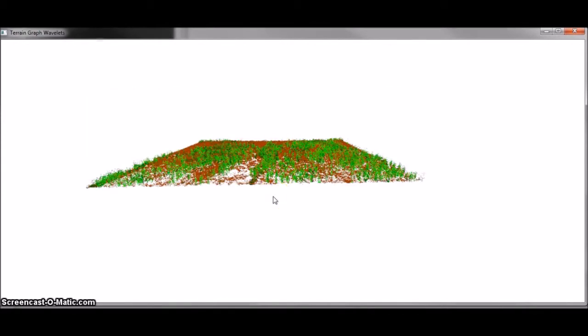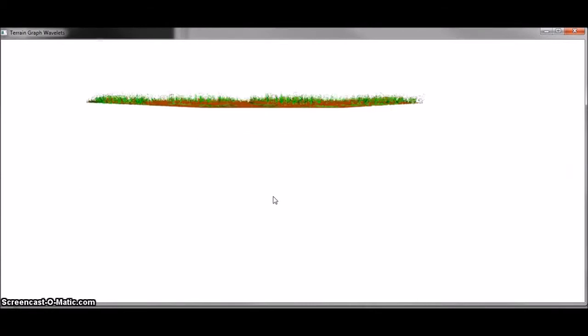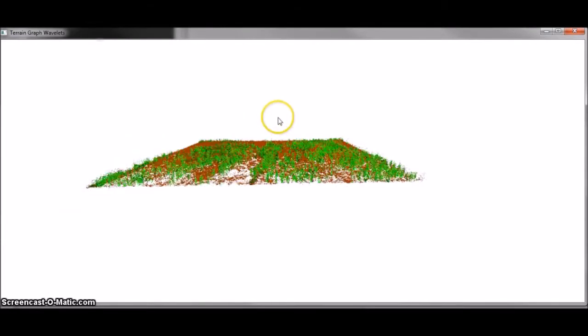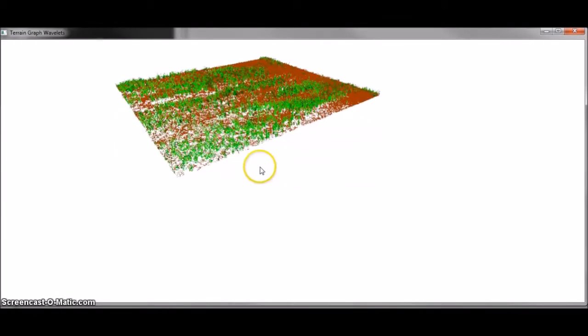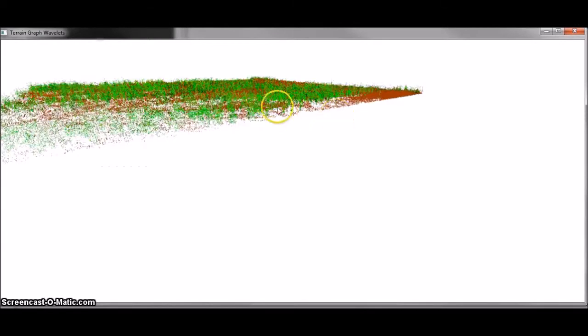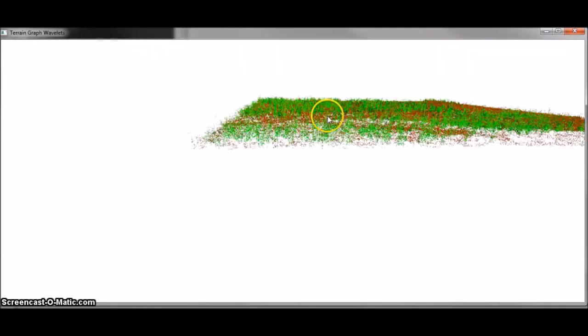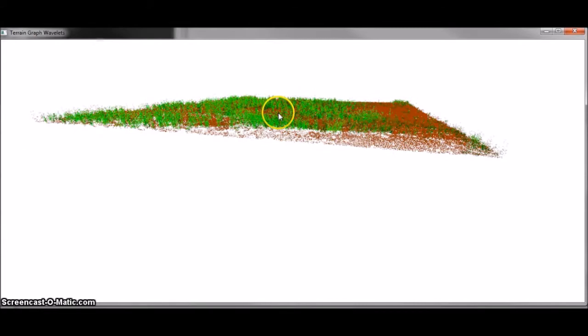In this point cloud representation, each point shares the same x-y coordinates with a point in the initial set, whereas its z component, the height, is given by the difference vector magnitude.